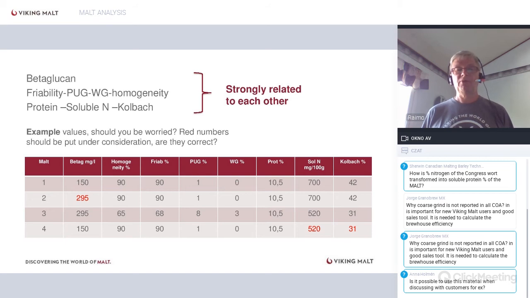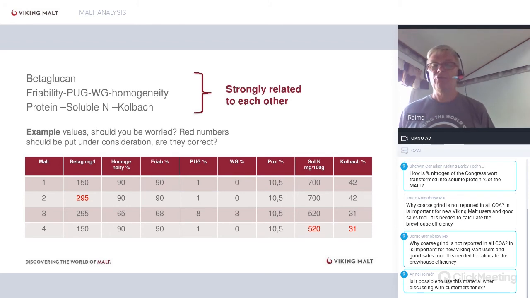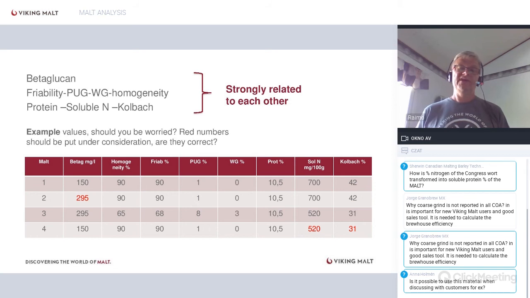We will get a problem with wort separation, etc. But again, if we see the big picture, most likely the beta glucan analysis is not correct. Something most likely has gone a little bit wrong, because homogeneity, friability, PUG, whole kernels, protein, and related soluble nitrogen and Kolbach index all tell that the malt is good and very well modified. So I wouldn't be very worried about this 295.